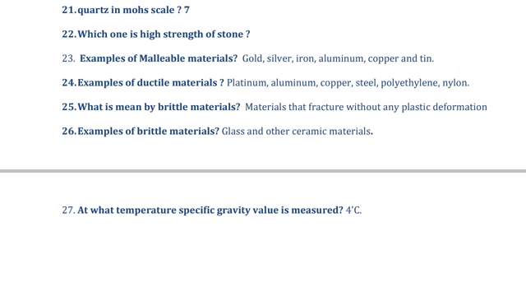And the 27th one, at what temperature is the specific value measured or calculated? That is 4 degrees Celsius. Under 4 degrees Celsius, the specific value is calculated. Specific is nothing but the density of solids to the density of water.